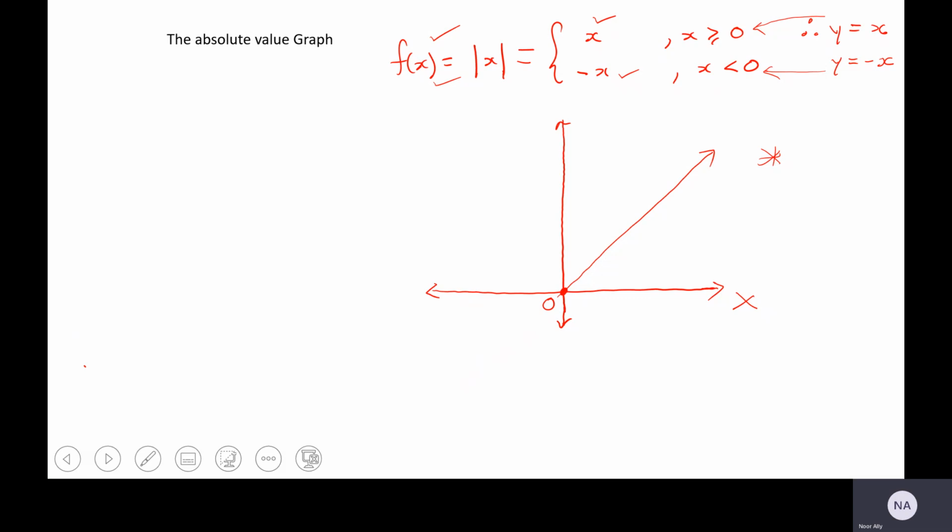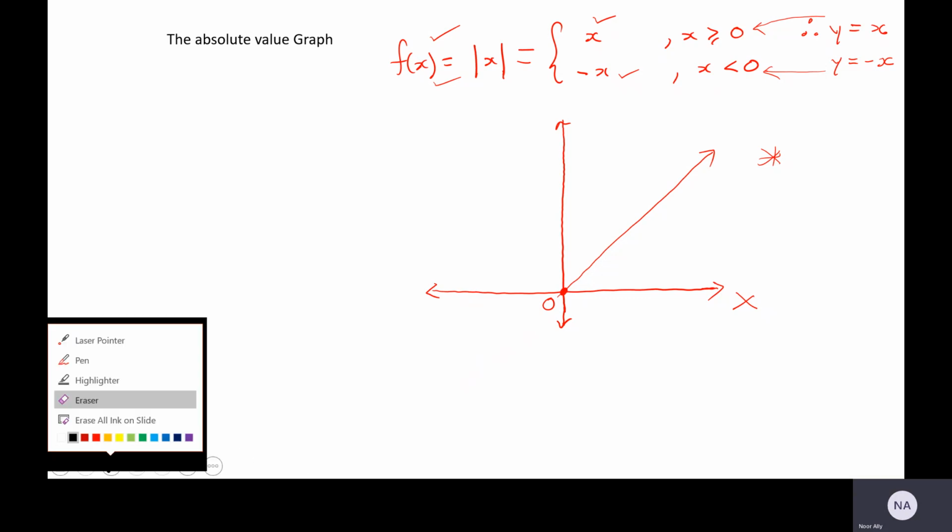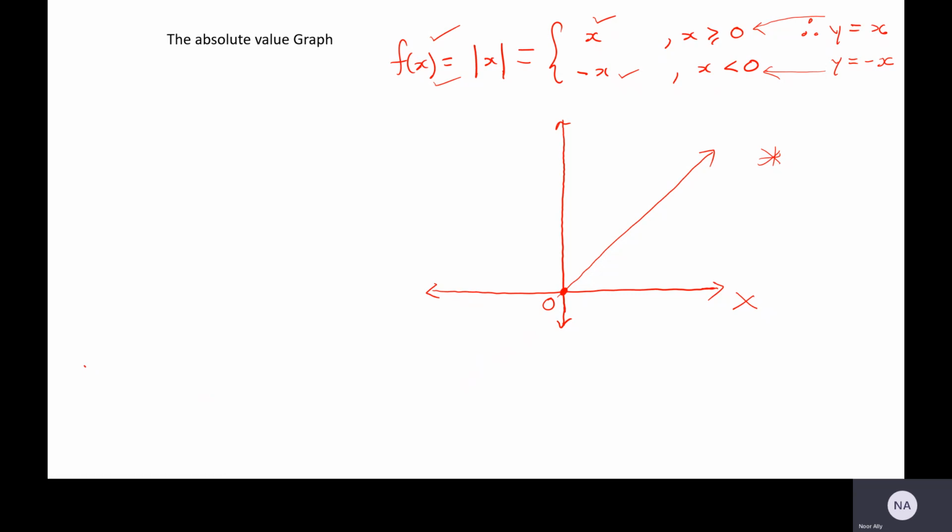Then the second case, in the restricted domain, less than 0, we have to draw the line y equal to minus x. And now we have to stop here because we can't go beyond that point. Beyond 0 is positive values. Beyond 0, these are plus values.